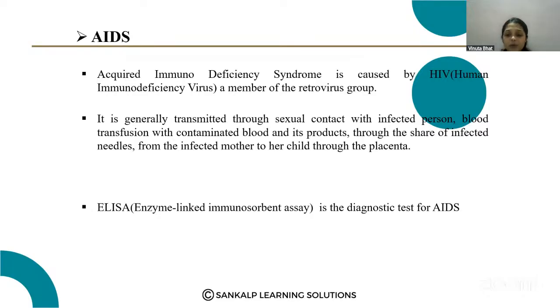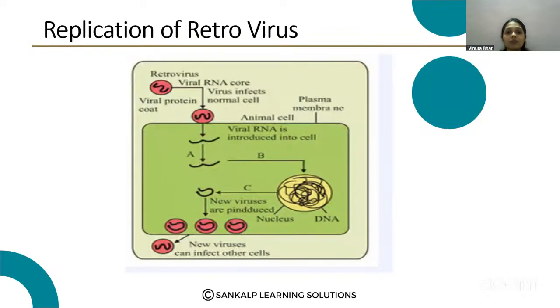For that we have to study the replication of the retrovirus. This retrovirus has RNA as its genetic material, the RNA core, and it is covered by a protein coat.